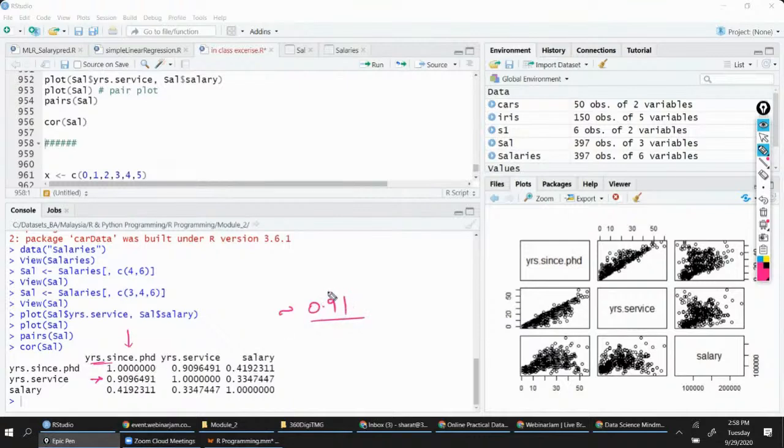This is the correlation. Similarly, if you look at this, that is the relation between years since PhD and salary. For the same column, if I talk about salary, you can see the relationship between these two is weak, less than 0.5. So I'm interpreting that as a weak relationship. This way we interpret the correlations.